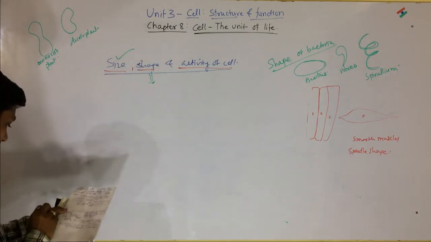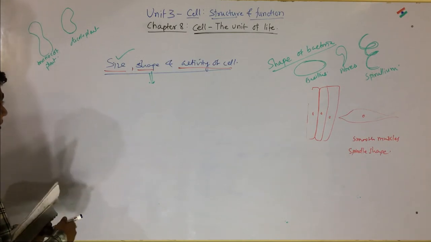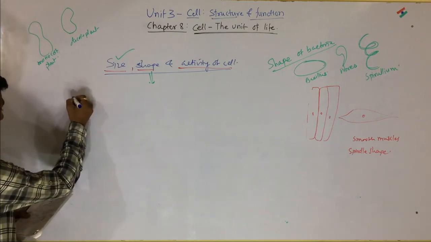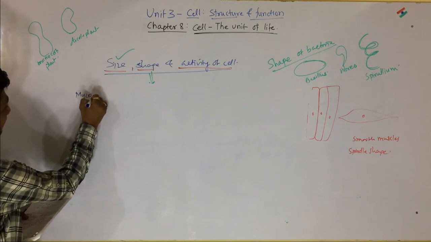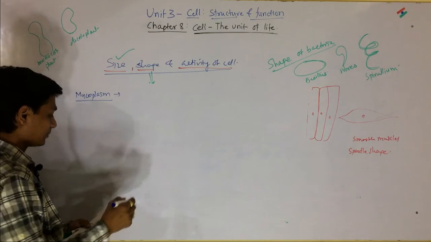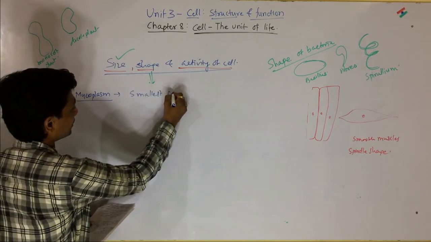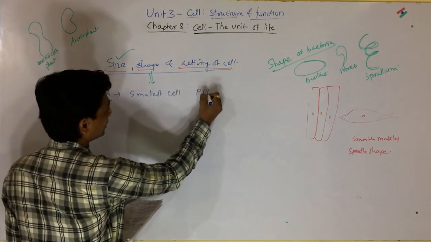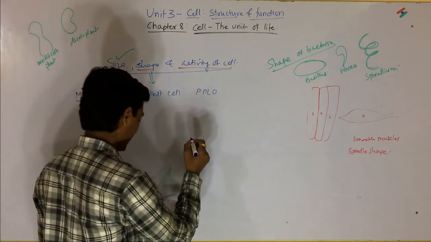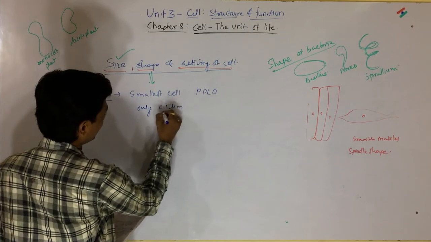So in the universe there are many sizes of cells. Among them, the mycoplasma is the smallest cell, that is PPLO, the smallest cell in the universe, which is only 0.1 micrometer in size.